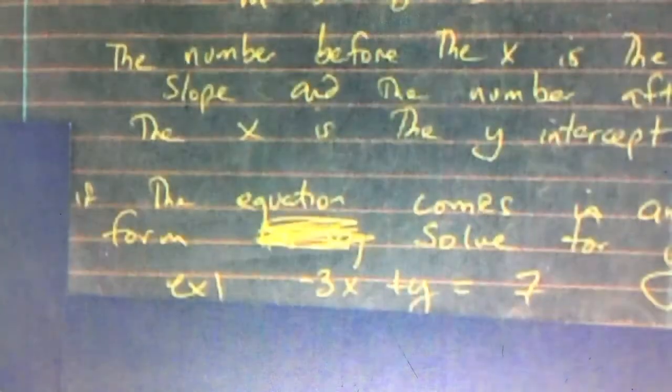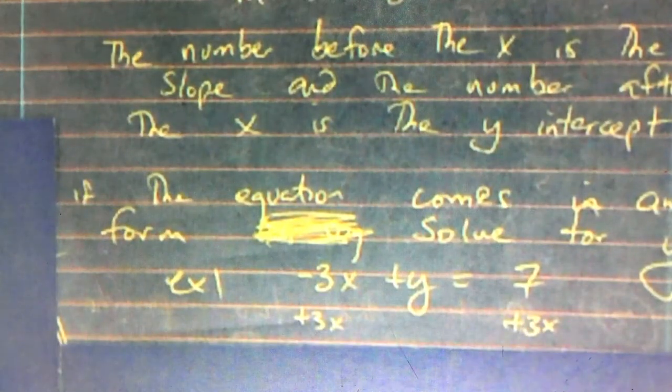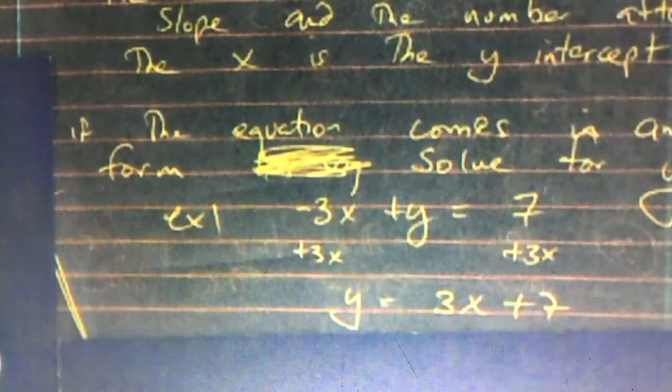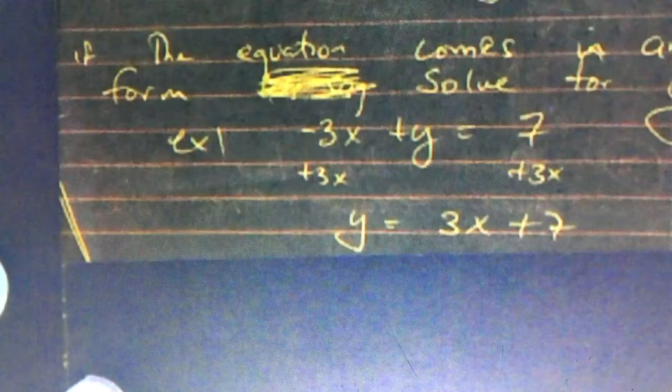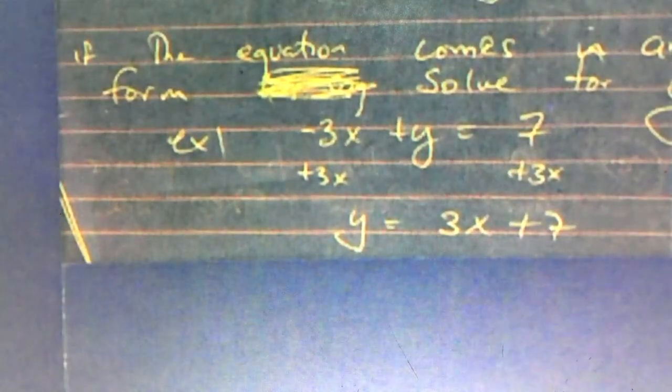And the way to do that is to go back to your equation solving principles, add 3x on both sides, and we get y equals 3x plus 7. You've done it. You know how to do it. It's not that hard a conversion. And sometimes we're going to do another example in a minute where you end up with a fraction, but actually a fraction makes it easier to plot the slope.